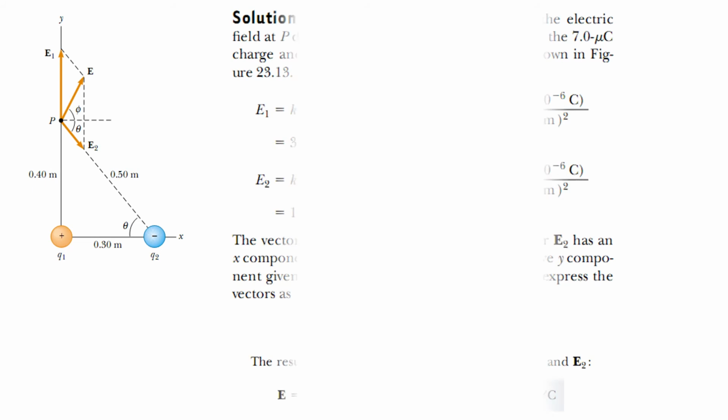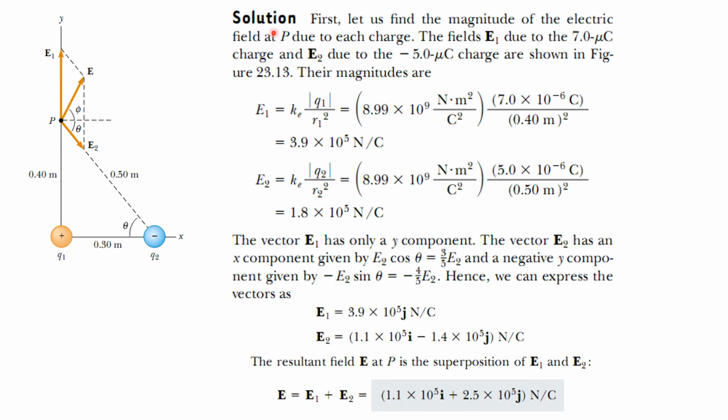Then step by step in calculation, the electric field due to charge 1 equals K Q1 over R1 squared, which gives a magnitude of 3.9 times 10 to the power 5 Newton per Coulomb. The electric field due to charge 2 equals K Q2 over R2 squared, which gives a magnitude of 1.8 times 10 to the power 5 Newton per Coulomb.